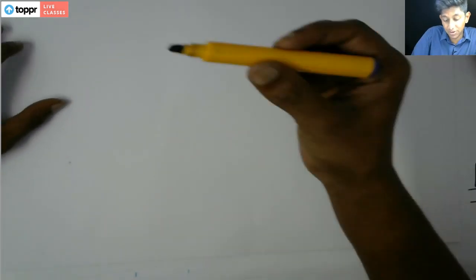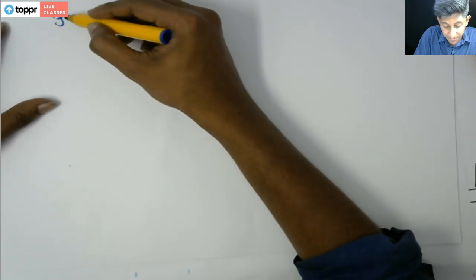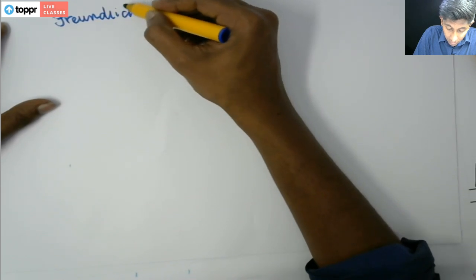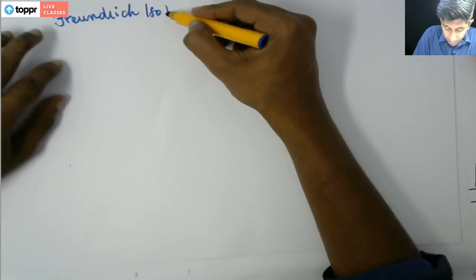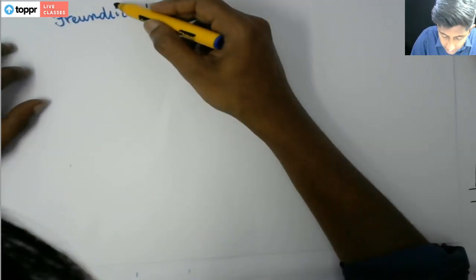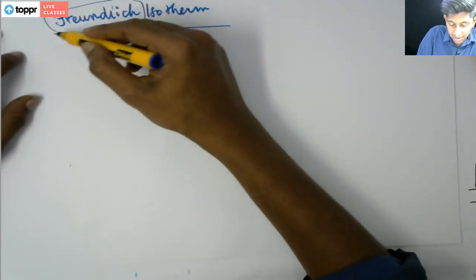Now we'll go to something very interesting and probably the most important part of this chapter, which is the Freundlich isotherm. It was discovered by Mr. Freundlich, the scientist's name.